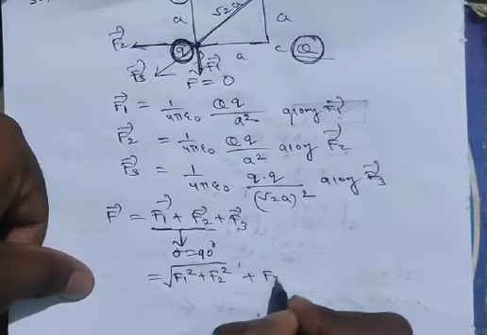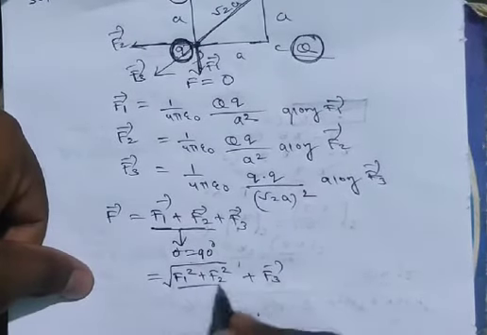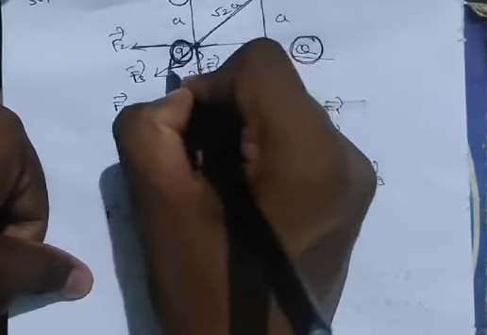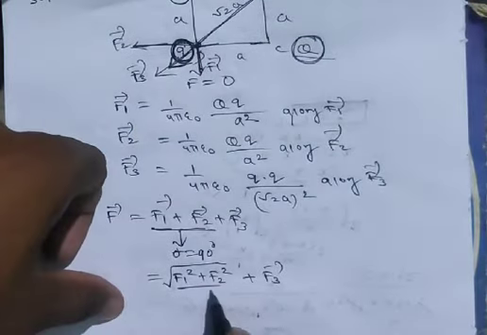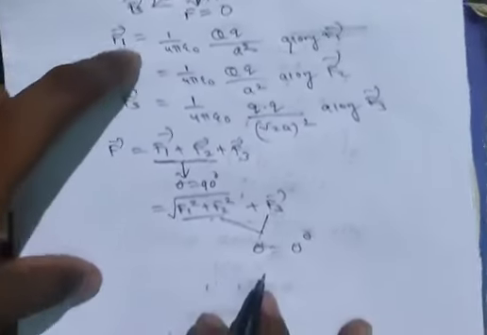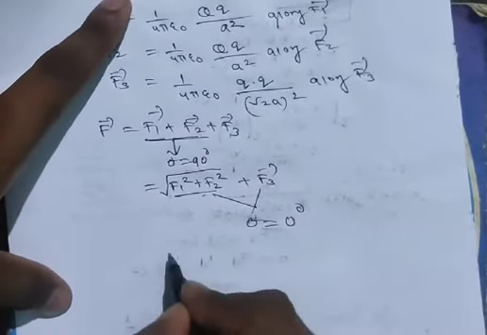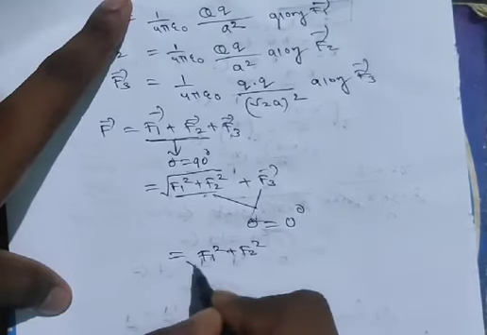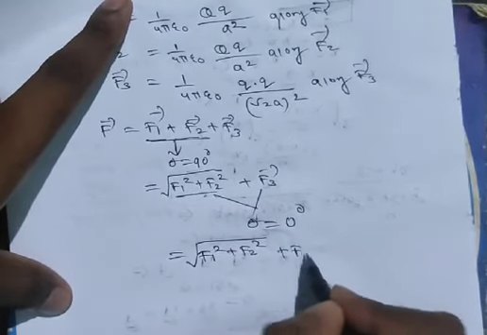F3 remains the same. Their resultant will be directed along this, so the angle between them is 0 degrees. For 0 degrees they will simply add: square root of F1 square plus F2 square, plus F3.